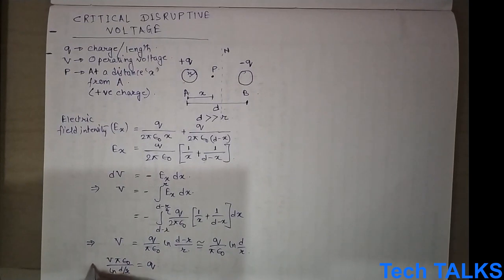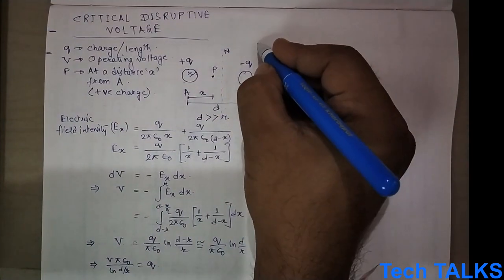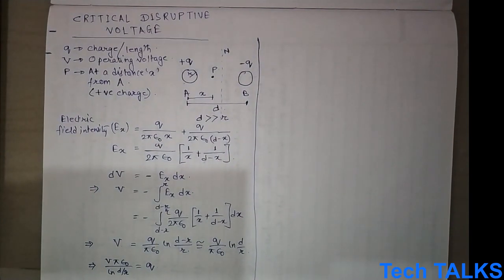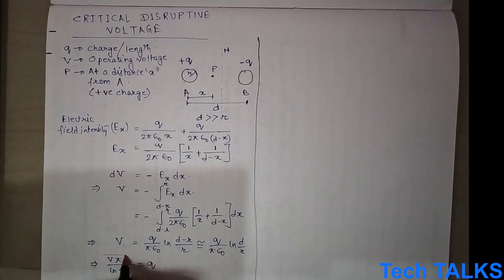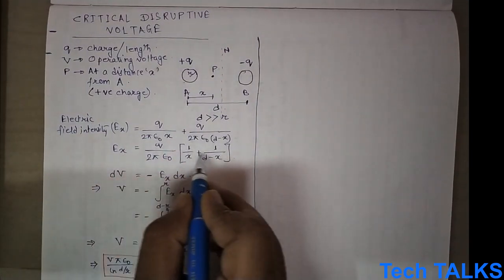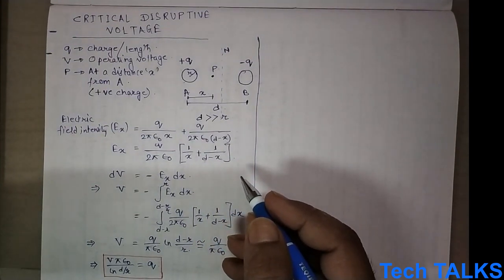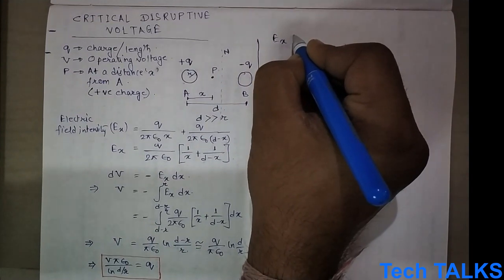Now if we substitute this value of q in this equation, then we will get Ex equals V by 2 ln d by r into d by x (d minus x).